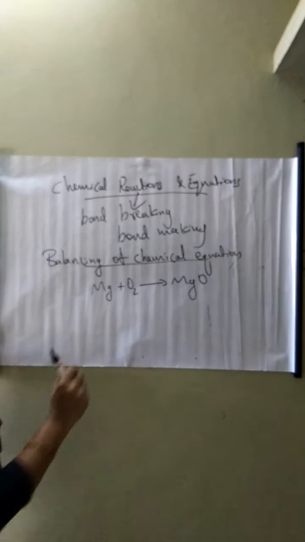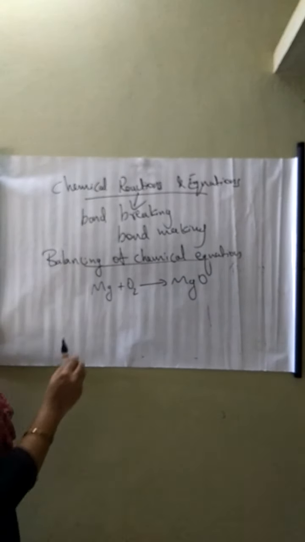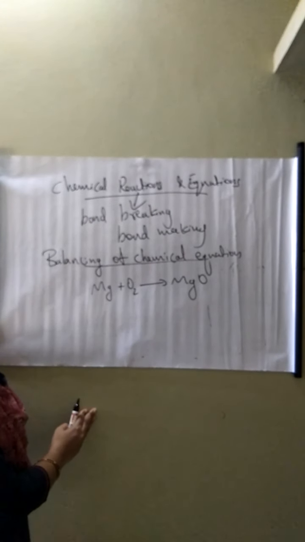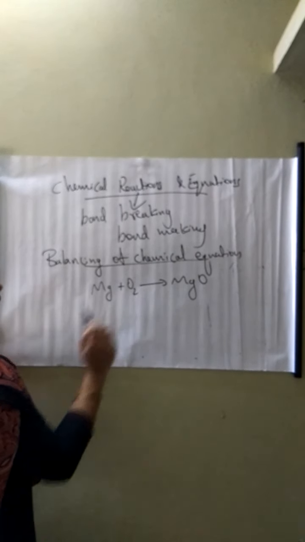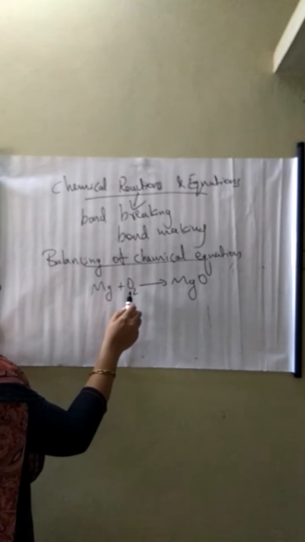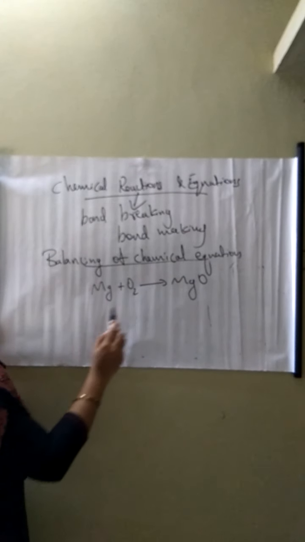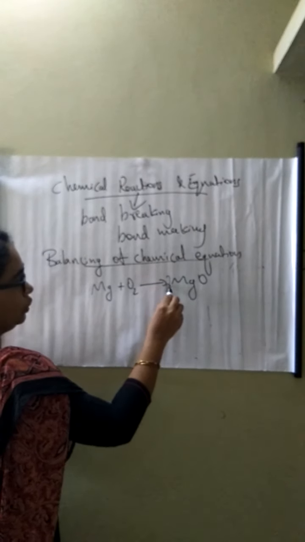There is a technique to balance a chemical equation. A simple technique is that first we have to see which compound has the maximum number of atoms. So we can see here oxygen, 2 oxygen atoms are there. So we can start from here itself. 2 oxygen on the left side. So we can make the oxygen on the right also 2 by keeping 2 on the left side.